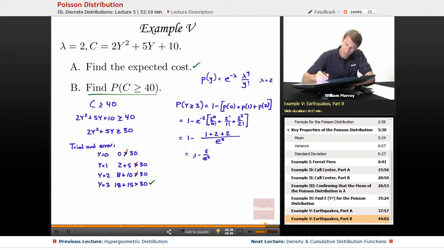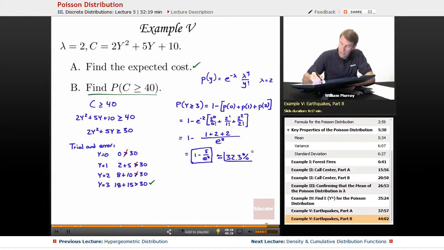That's my exact probability that there will be more than 3 earthquakes, which means we will bust our budget of $40 million for damages. I did throw that into a calculator. I found a decimal. It worked out to about 32.3%.